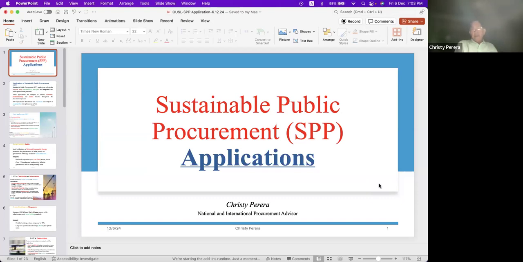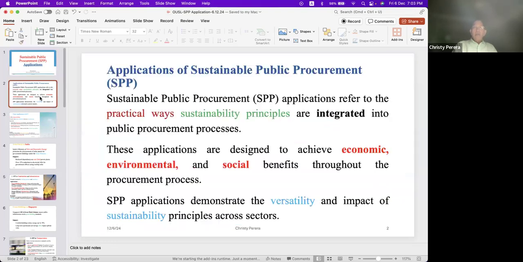Now, how these applications are made, how we are going to do that, how countries apply these applications. That is the basic introduction. Now, I will go to the application of sustainable public procurement, SPP.